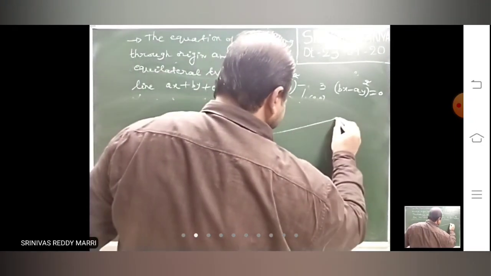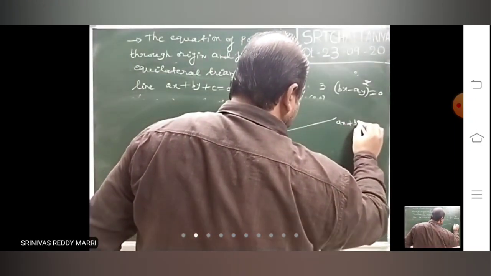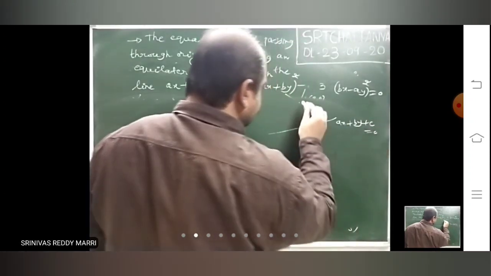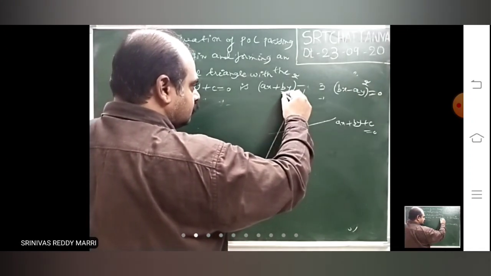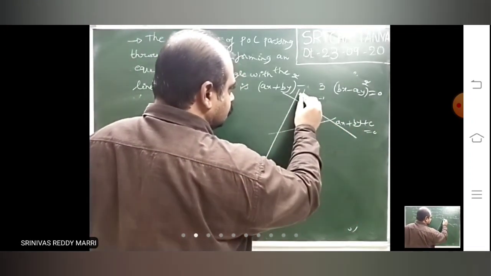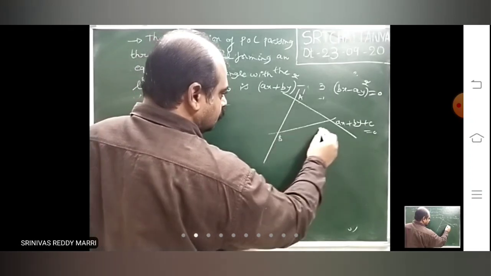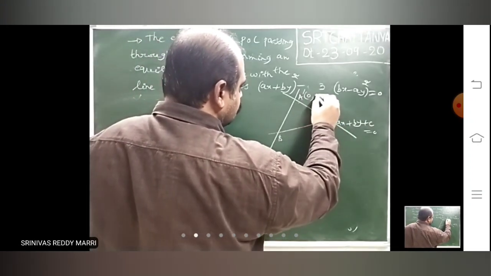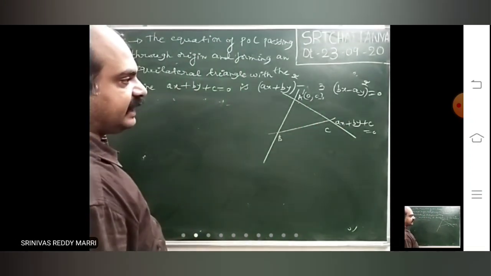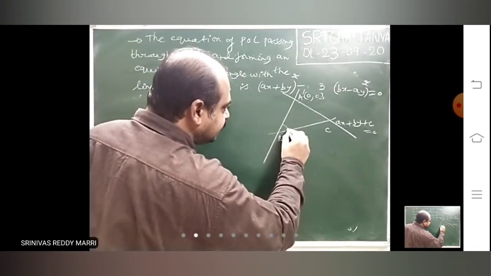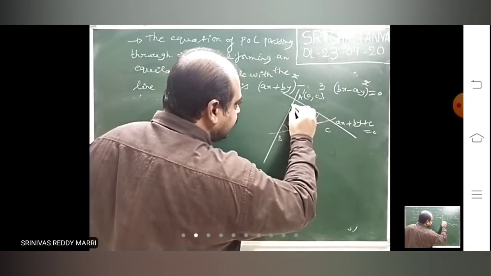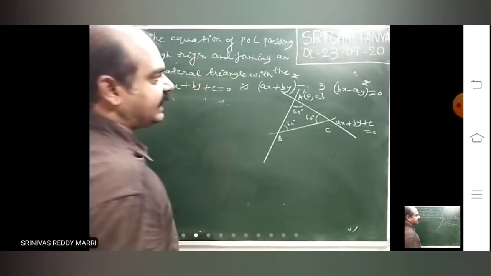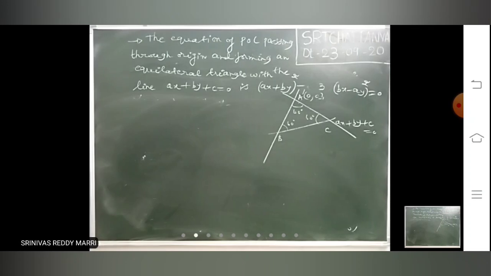So the line is this. This is the line. So this is 60 degrees. The base angle is what? 60 degrees. All the angles will be 60; in tan alpha you substitute tan square alpha equals 3, angle 60 degrees.